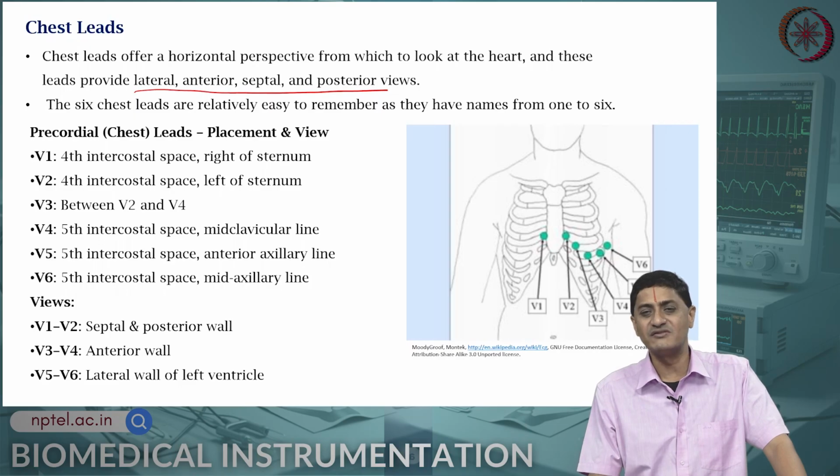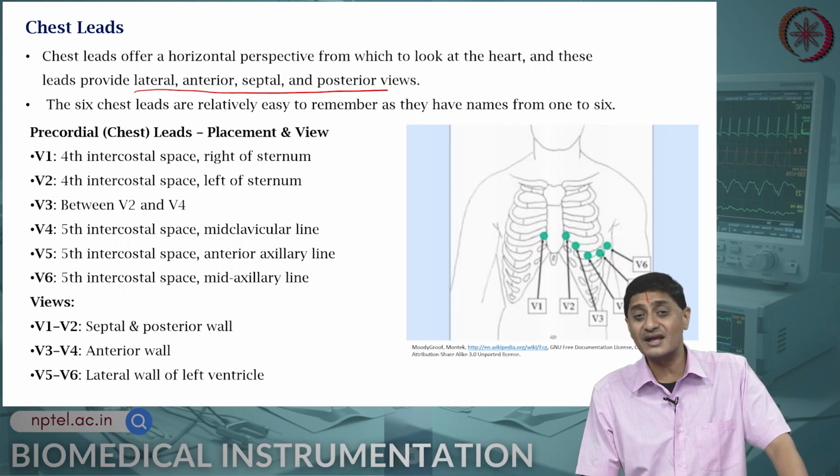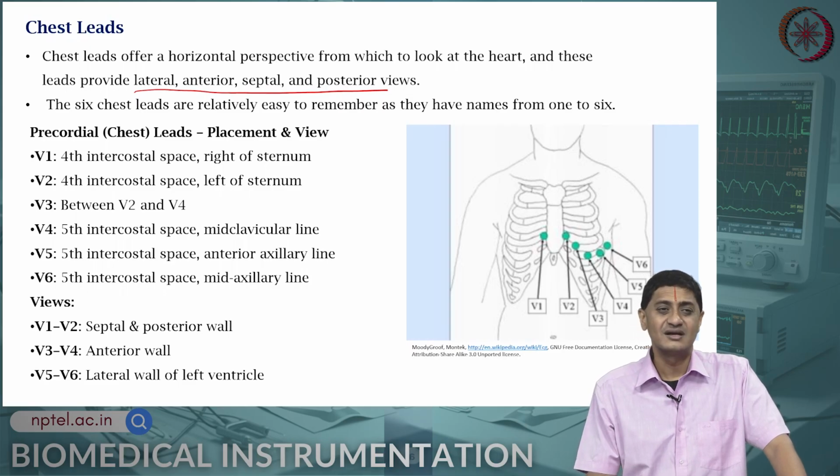V3 is placed between V2 and V4. V4 is placed at the 5th intercostal space along the mid clavicular line. V5 is placed in the 5th intercostal space along the anterior axillary line, and V6 is also placed in the 5th intercostal space along the mid axillary line.